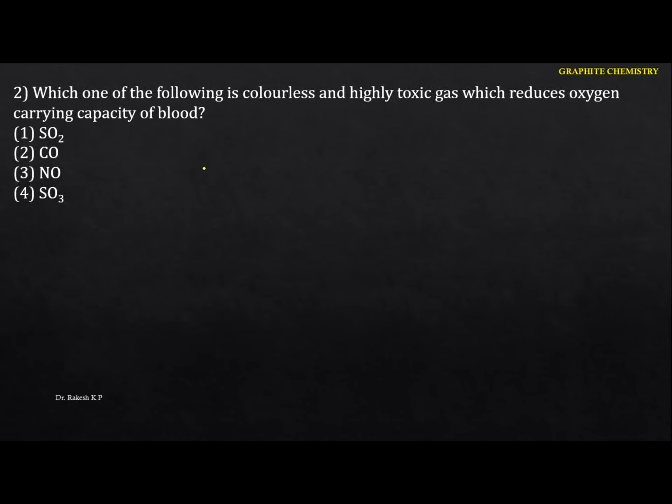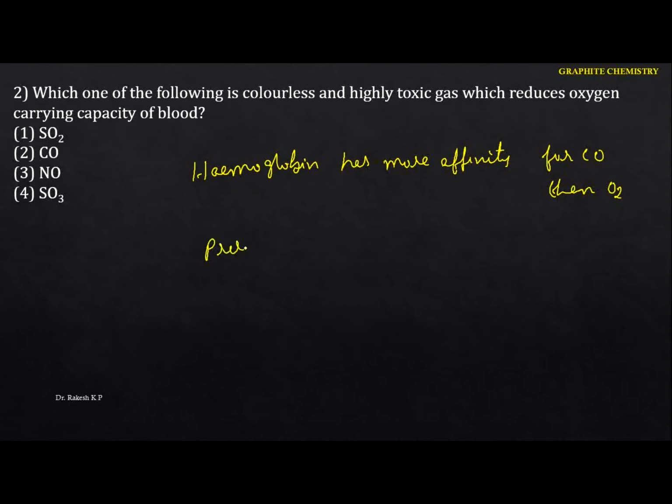So this is one of the concepts to remember here, especially hemoglobin. Hemoglobin has more affinity for carbon monoxide than oxygen. So just identify the presence of carbon monoxide, because we know that hemoglobin has more affinity towards carbon monoxide than oxygen.